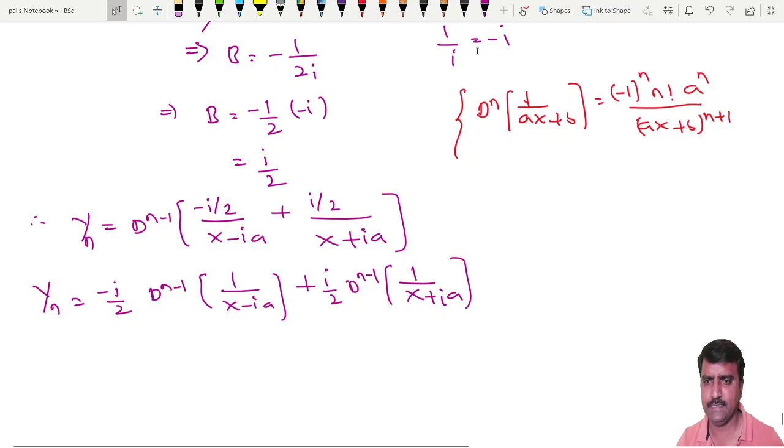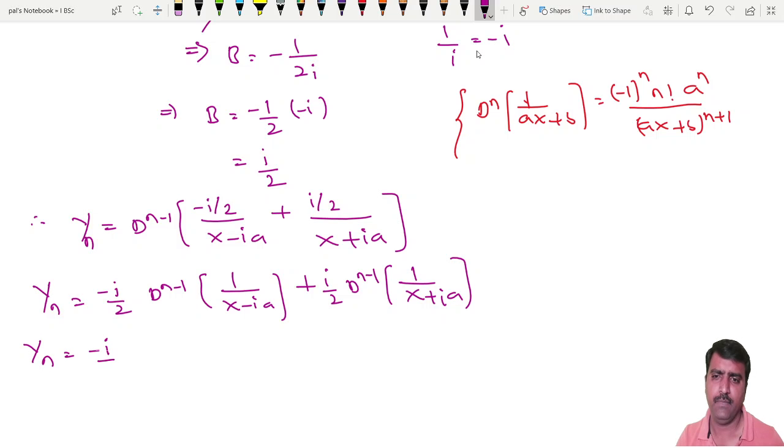So yn can be written as yn is equal to minus i by 2 into minus 1 to the power n minus 1, n minus 1 factorial into a value is 1 to the power of n, it is not necessary to write that 1 to the power of n.